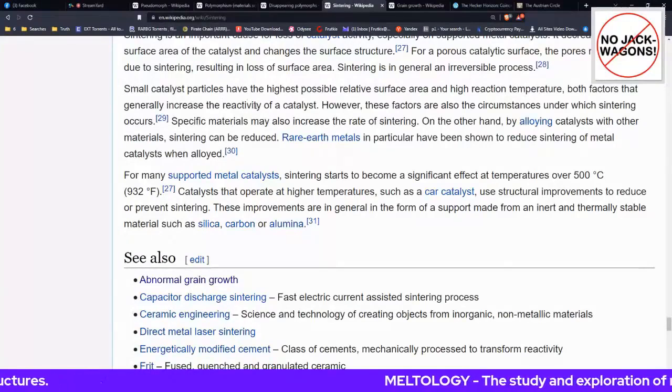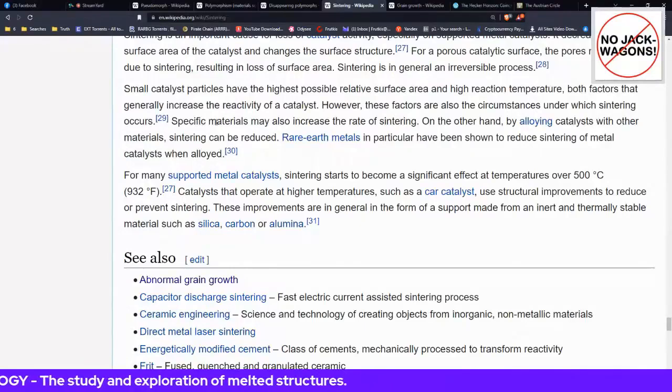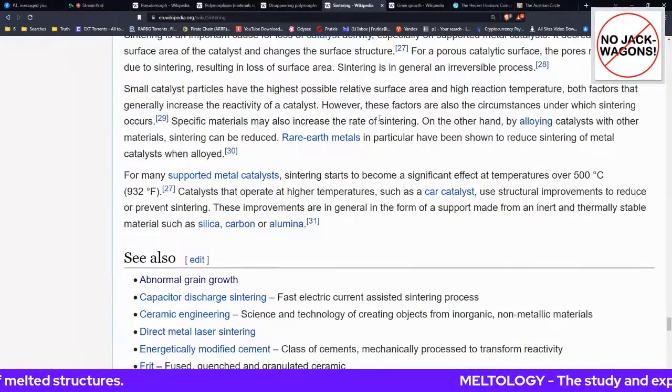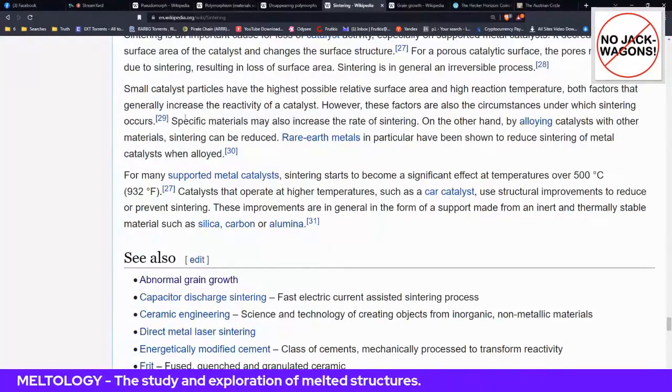So they increase the reactivity of the catalyst, yes. However, there are also factors in the circumstances under which sintering occurs. Specific materials may also increase the rate of sintering, depending on what soil you add to make what you want the material.